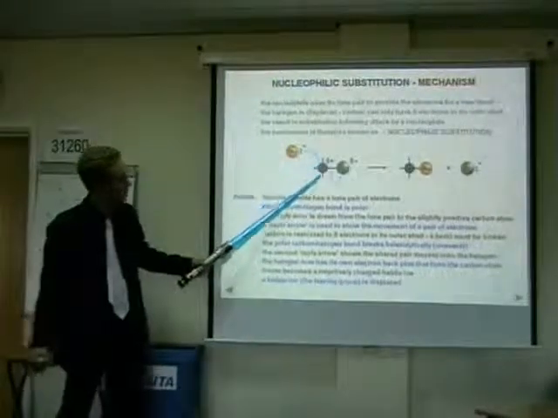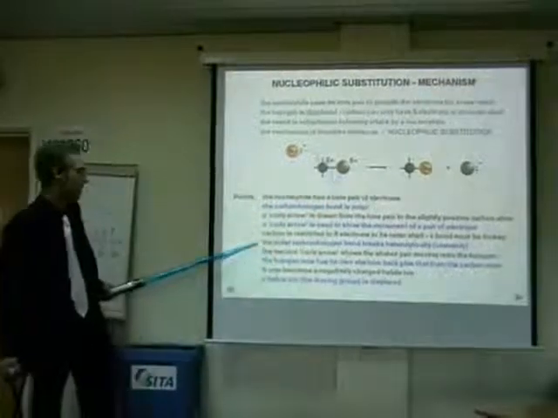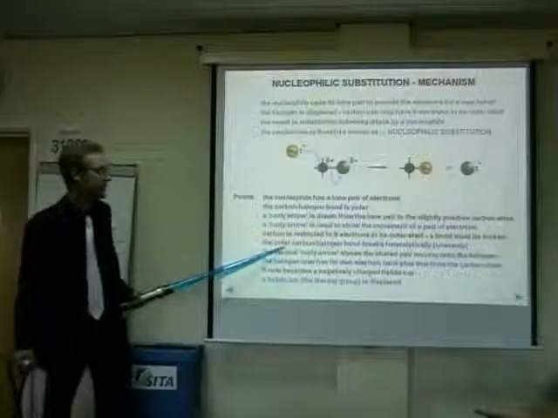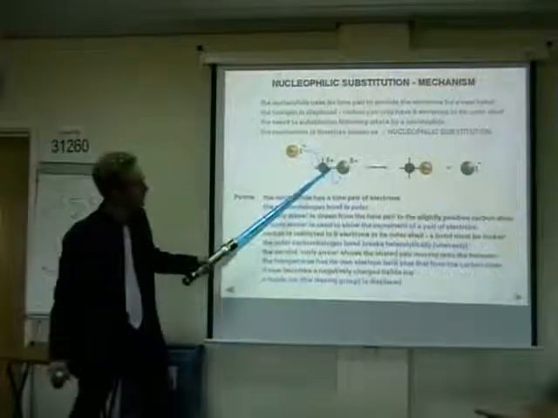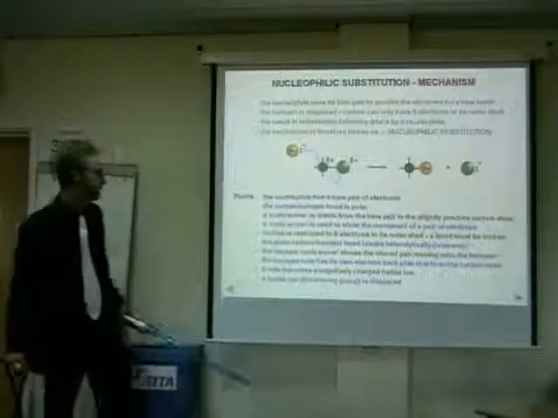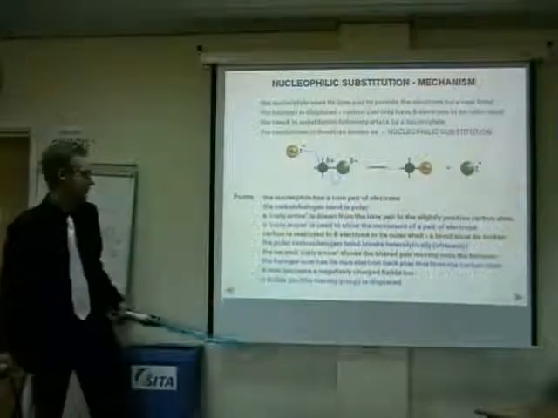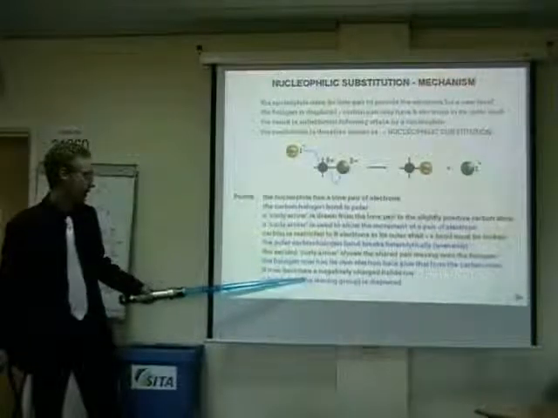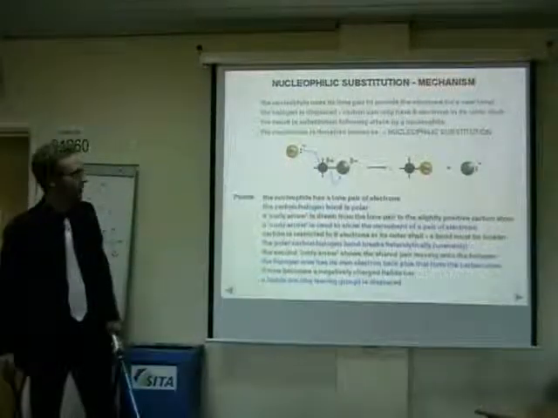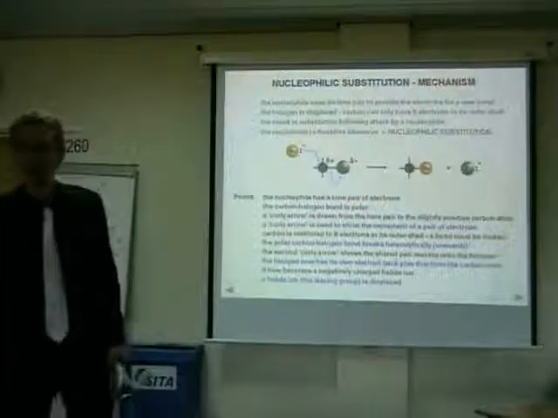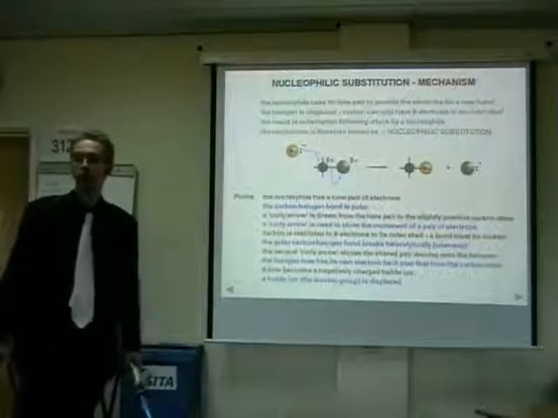So as one comes in, one goes out. The polar carbon-halogen bond breaks heterolytically, unevenly. Both electrons go to the chlorine. This is the mechanism of nucleophilic substitution.